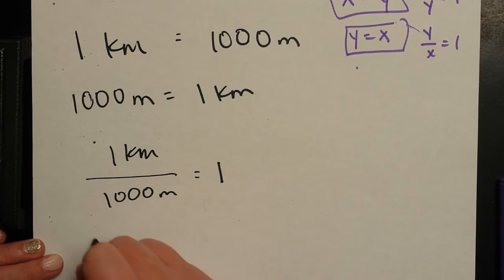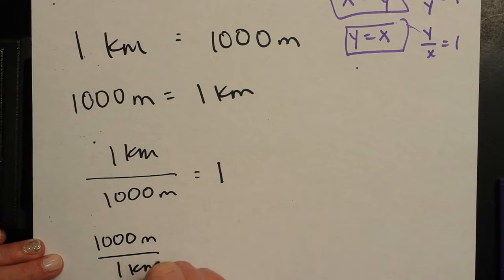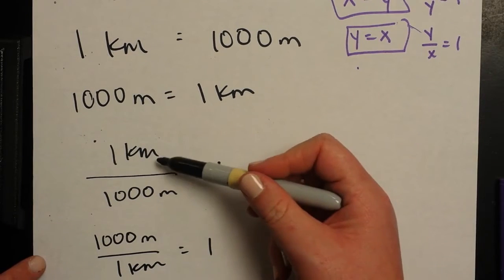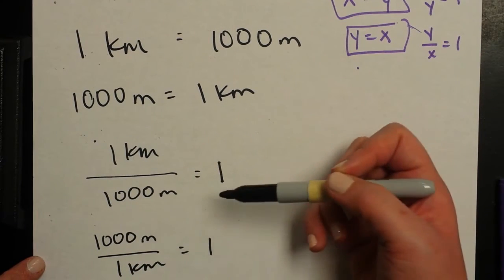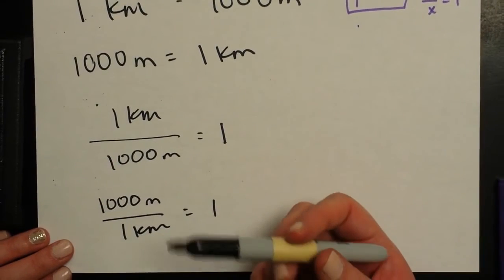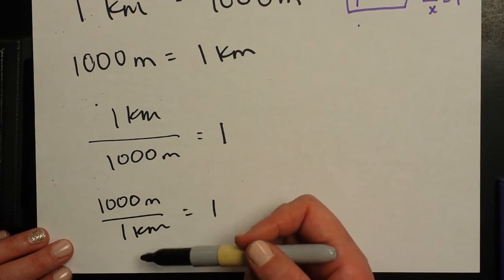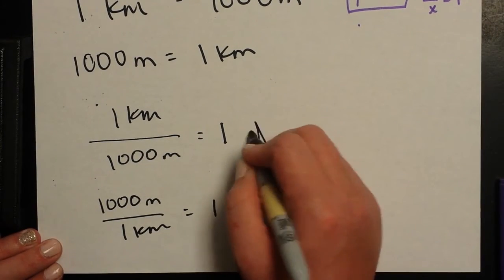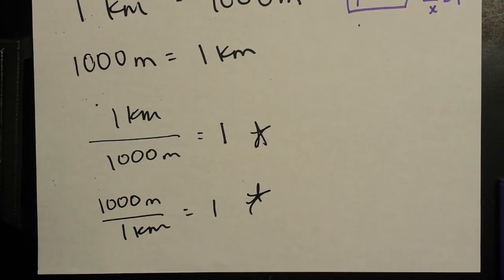Okay, but we're going to write this another way. So if 1 kilometer divided by 1,000 meters is equal to 1, then the opposite is true to say that 1,000 meters divided by 1 kilometer is also equal to 1. And these are going to be so helpful for us, at least the way that we're setting this up in this ratio format. So keep tuned in and we will see how to apply this.